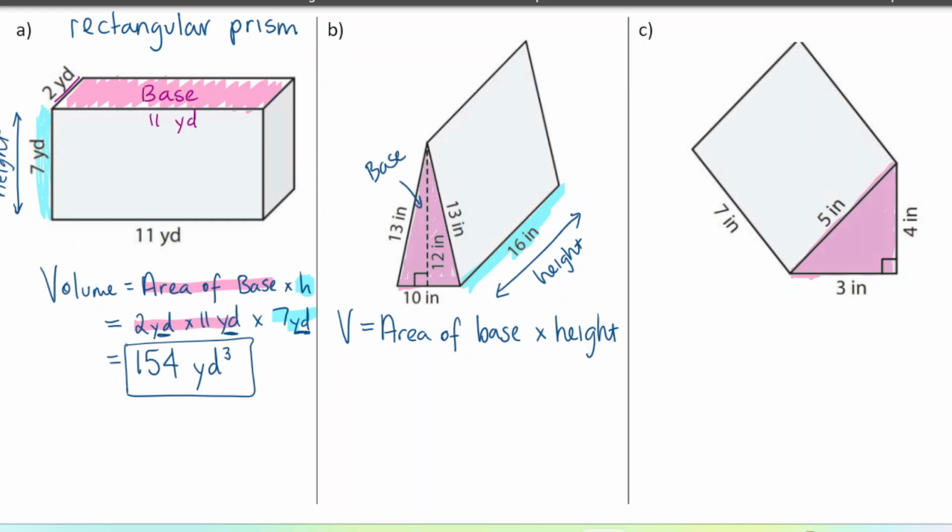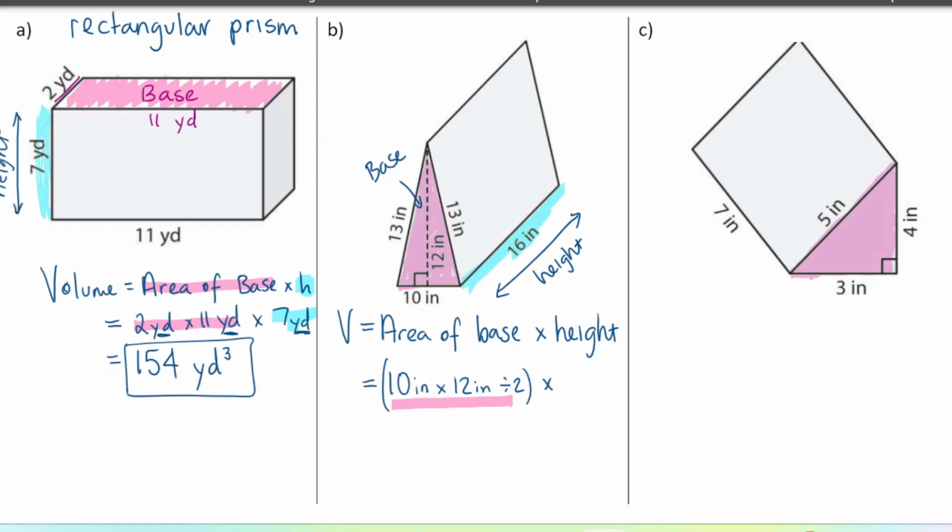Okay, so the area of the base is going to be, so the area of any triangle will be base times height divided by 2. So that is my base area, 10 times 12. We can see that triangle has the bottom of length 10, the height is 12, and then we're dividing by 2 because it's a triangle.